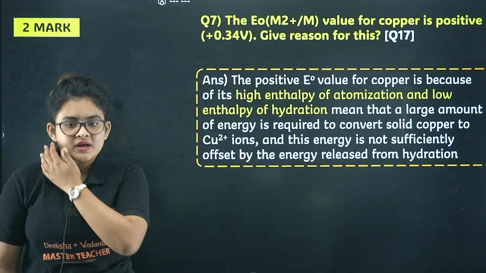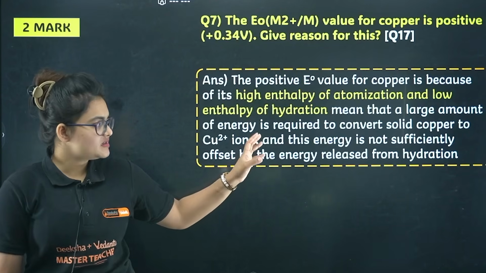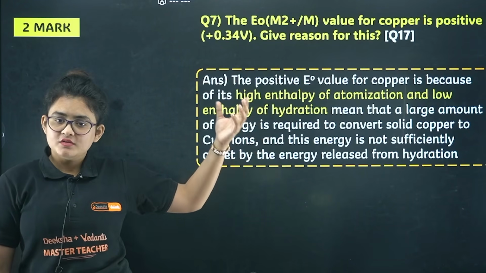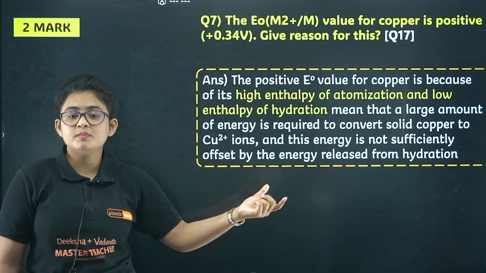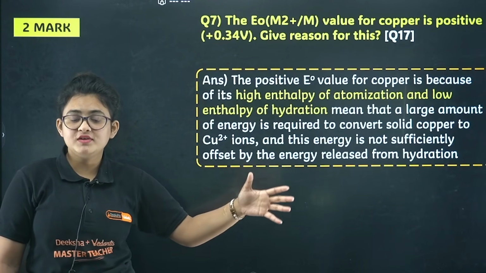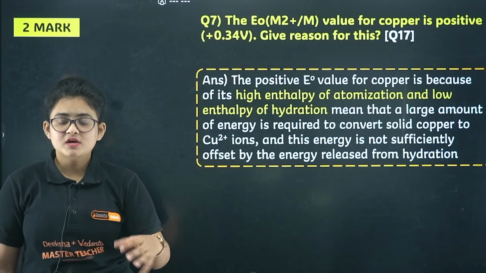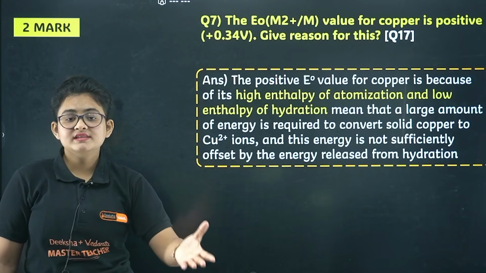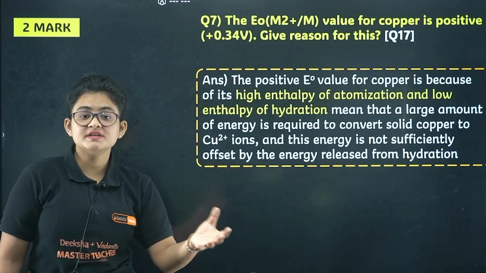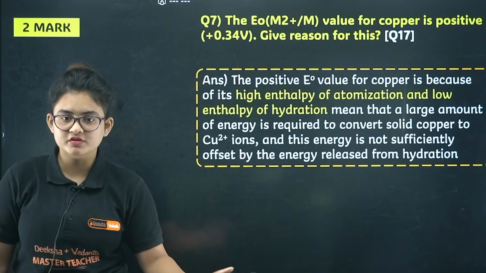I guess you understood this. First of all, the Cu2+ ion needs to be prepared, and after that Cu2+ needs to be stabilized. So how will it be stabilized? By adding the extra hydration enthalpy. So this much energy you need, that's why plus 0.34.